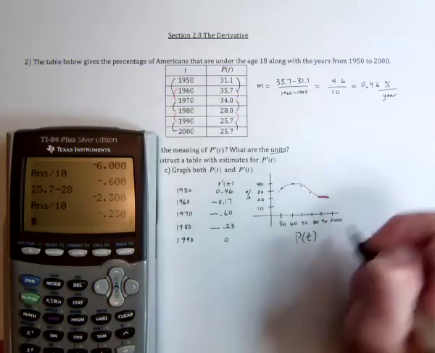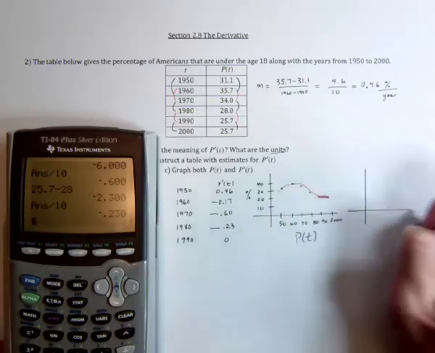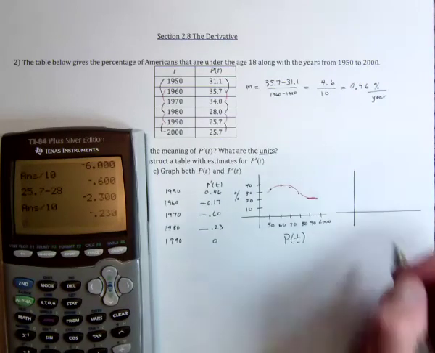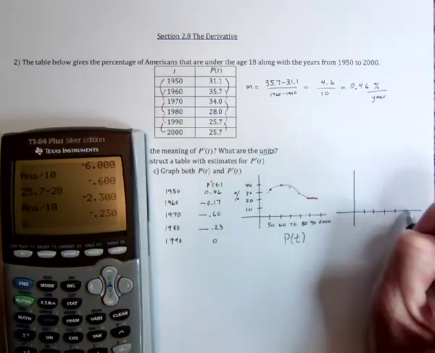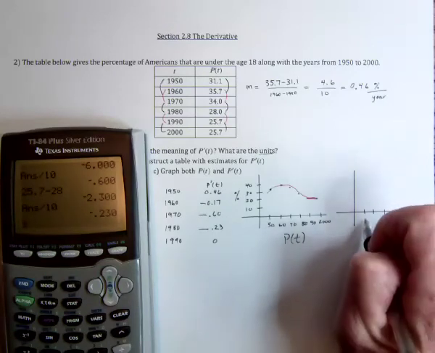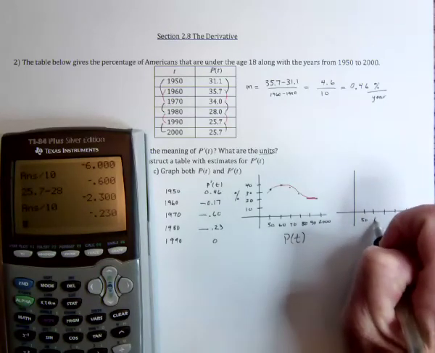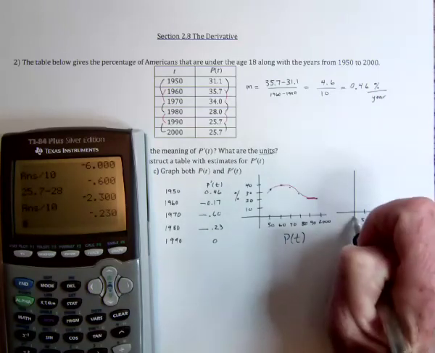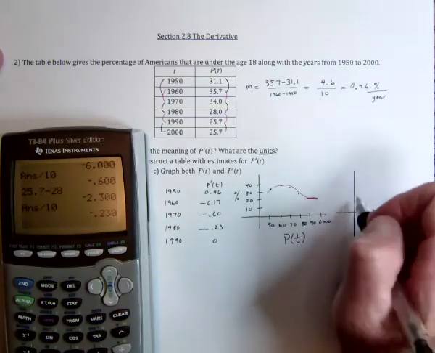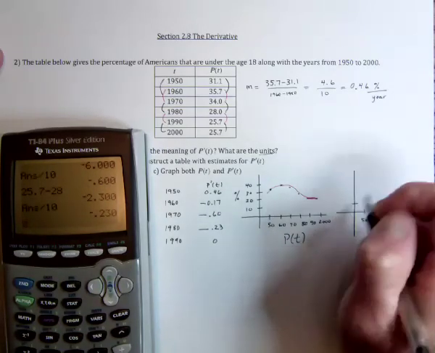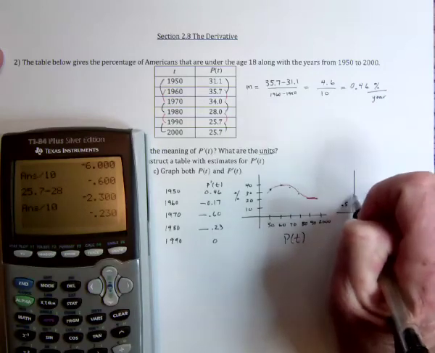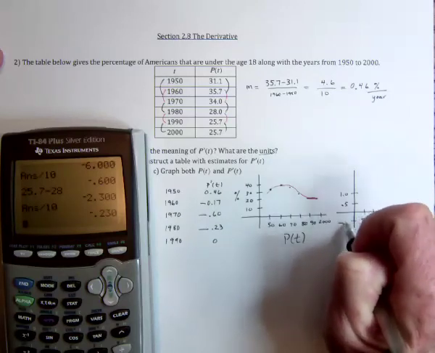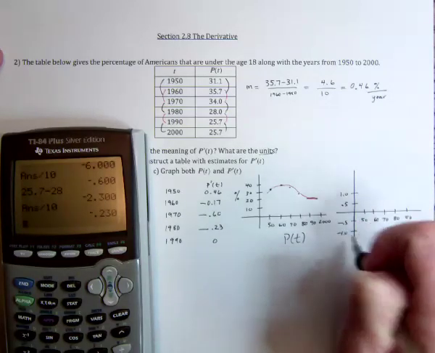So that's the P. And now for the derivative, the 50s, 60s, 70s, 80s, 90s. For that one, we don't have the 2000s. And for this one, we're going to need some positives and negatives. So let's say that this is 0.5, and that's a 1.0, negative 0.5, and negative 1.0.